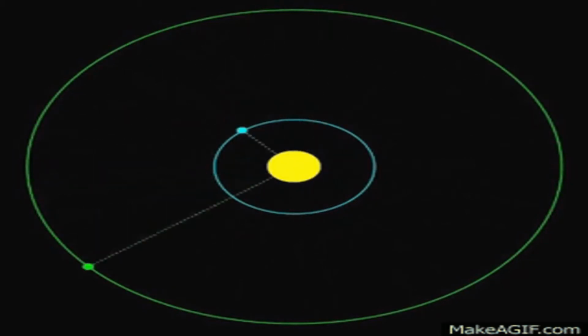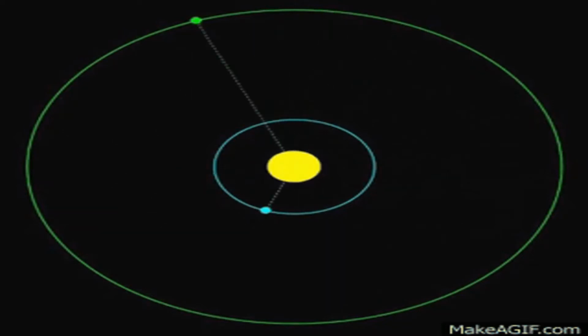Knowing that Mars is farther from the sun as compared to Earth, Johannes Kepler concluded that the farther the planet is from the sun, the slower is its orbital speed, as you can see in the planet Mars. Mars takes longer to complete one revolution around the sun as compared to Earth.